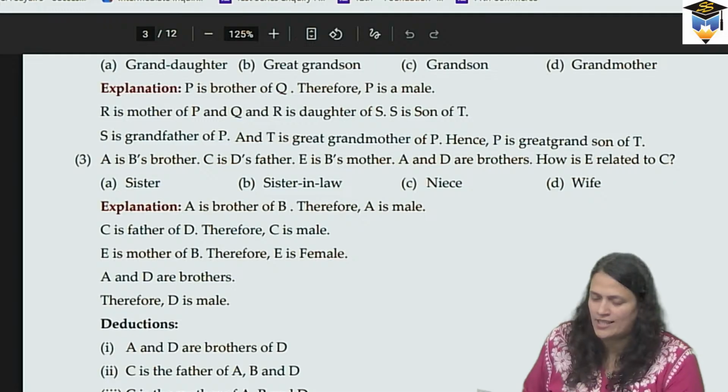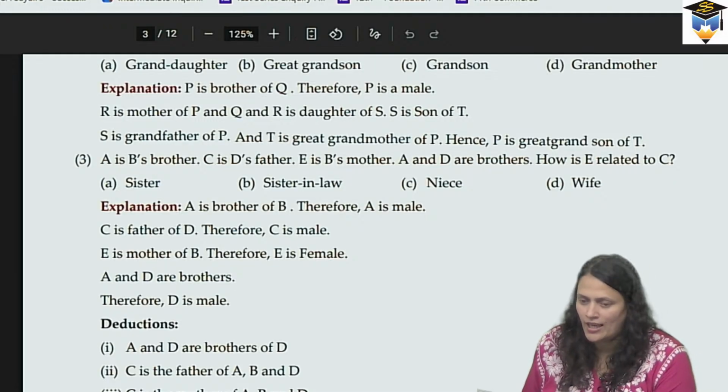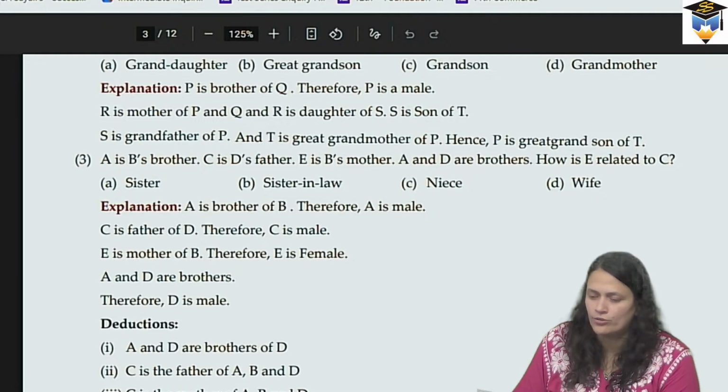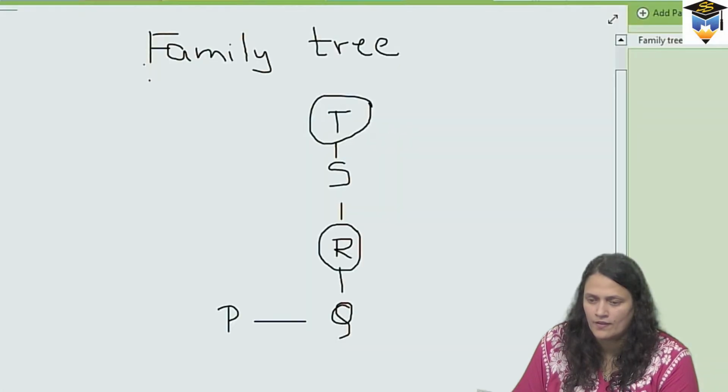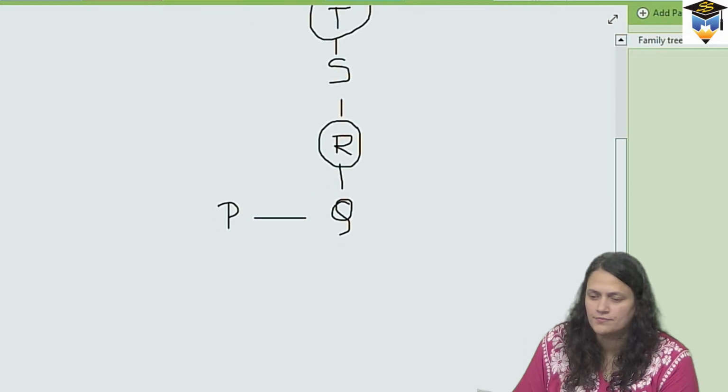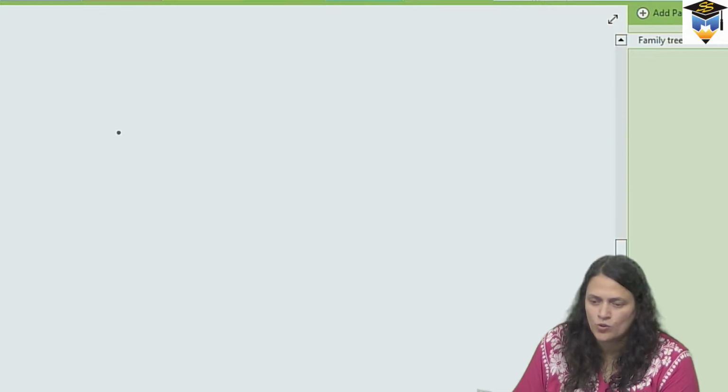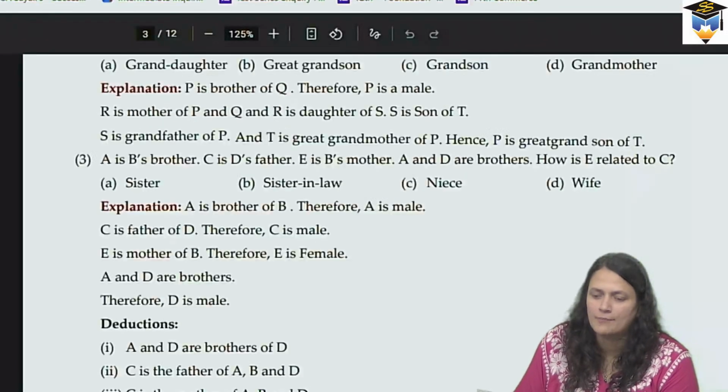So now let me explain this. The third question. A is B's brother. So let me draw it over here. So A is B's brother. Third solved example. A is B's brother. C is B's father.